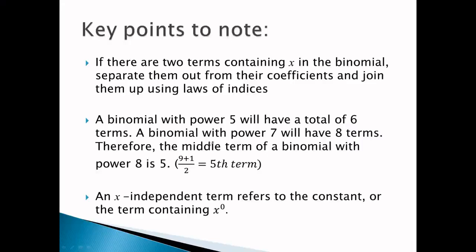Therefore, the middle term of a binomial with power 8, 8 means there are 9 terms, right? So what's the middle of 9 terms? 9 plus 1 divided by 2, you get the fifth term. Okay, and lastly, an x-independent term refers to the constant or the term containing x to the power 0. Okay, that's why it's called x-independent. It's independent of x.